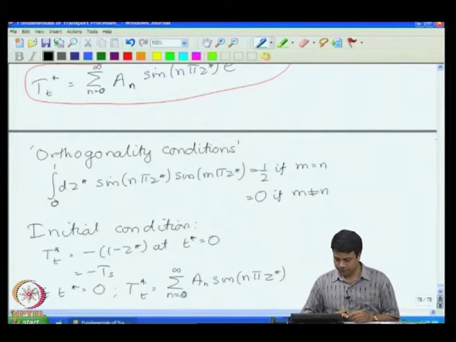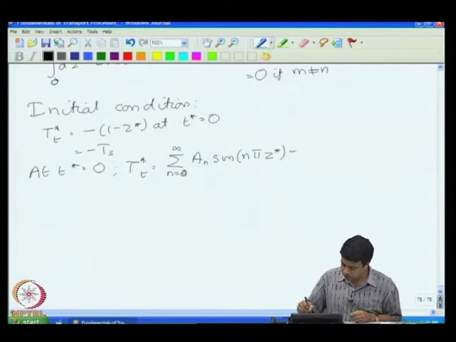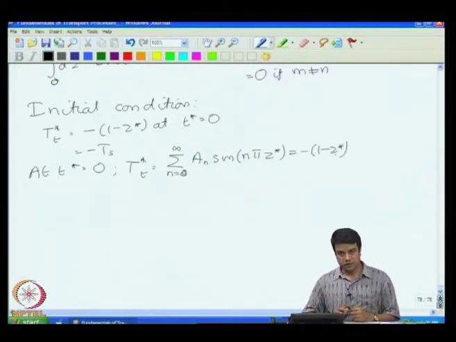And this, from the initial condition, has got to be equal to minus of 1 minus z star. So, I have to determine all of these coefficients a n, from n equal to 0 to infinity, from this particular equation.